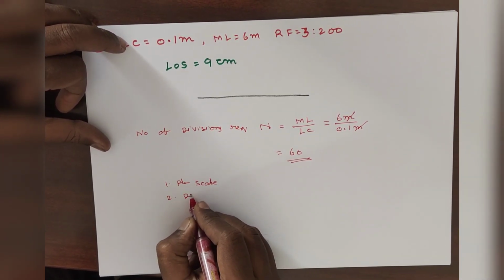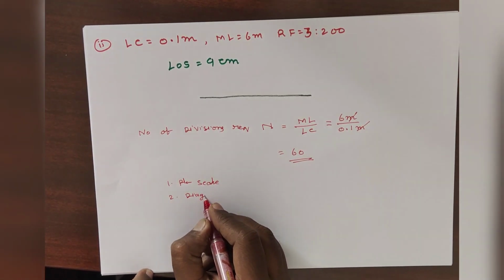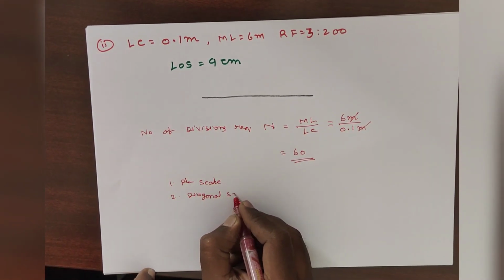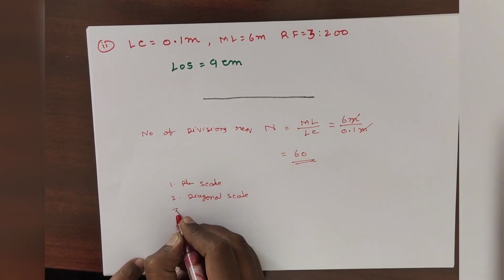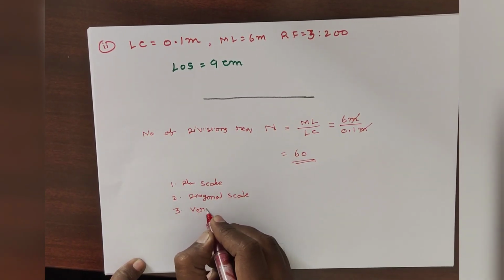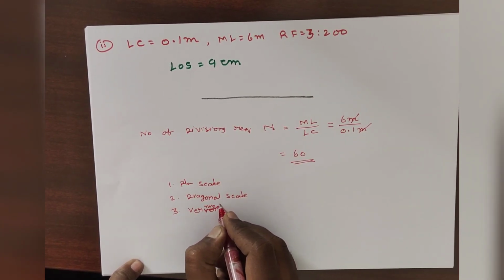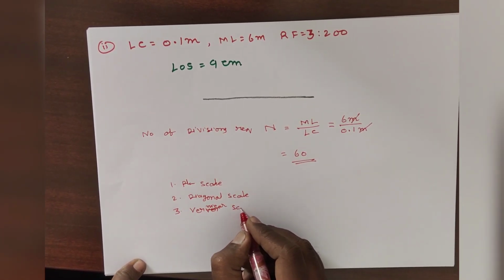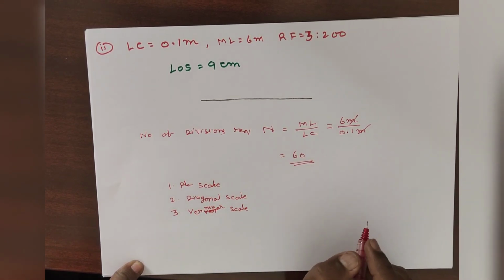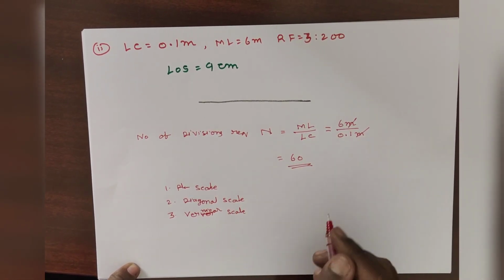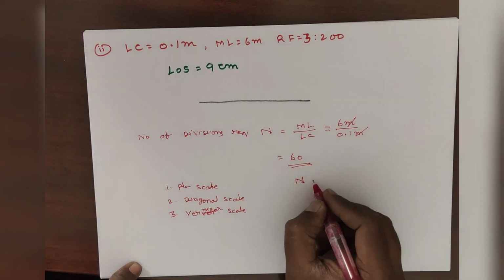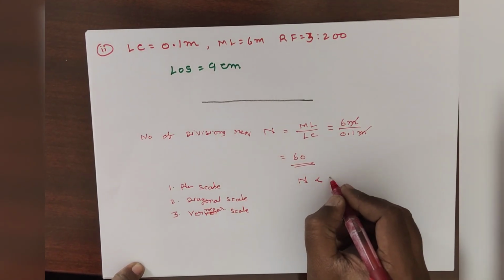Second is the diagonal scale. Third is the vernier scale.